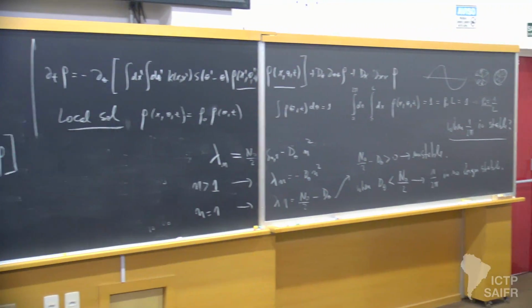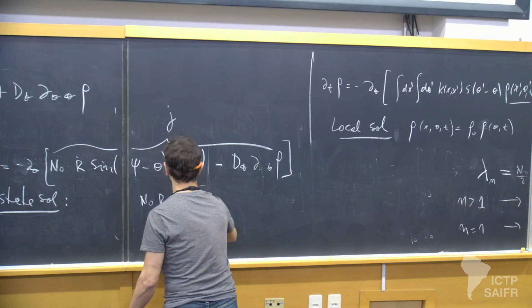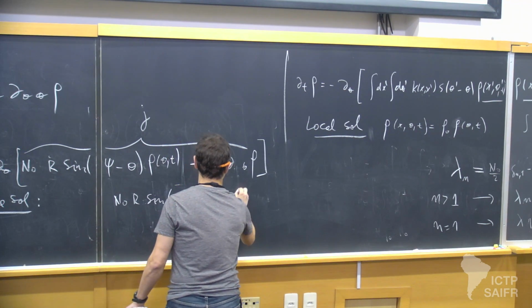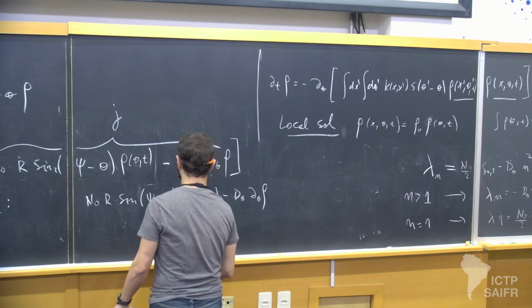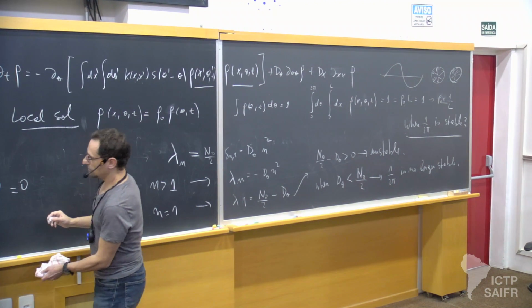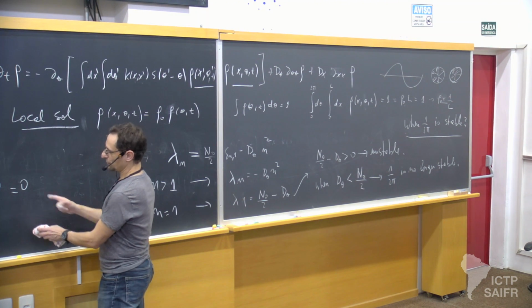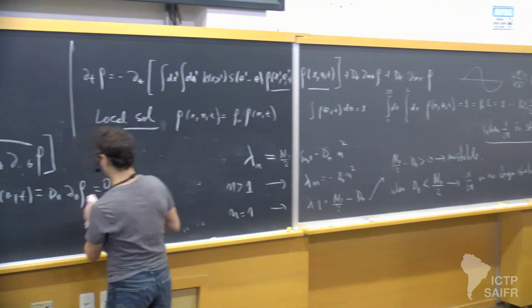So I write, I suppose this, you have seen it already. Is this. So now I will make use of the blackboard. This is the same as putting the equal here, right?